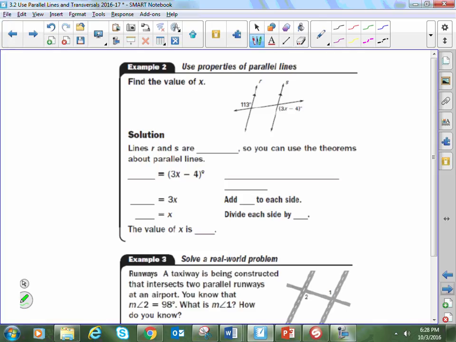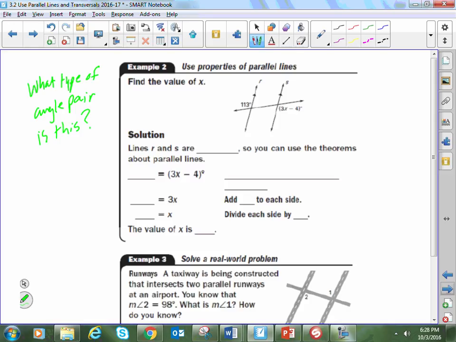Every time you apply this information to a problem like what you see here in example 2, there's a question that I want you to ask yourselves. I always want you to ask yourself, what type of angle pair is this?